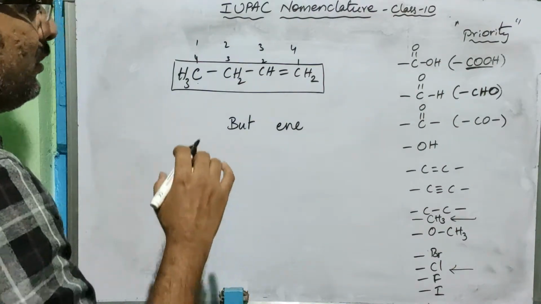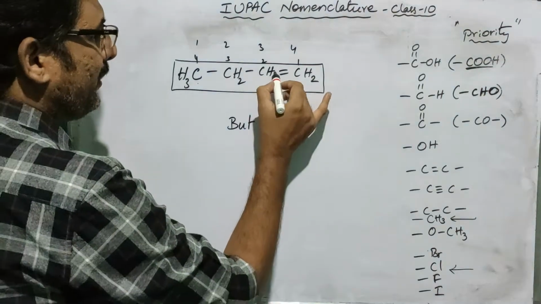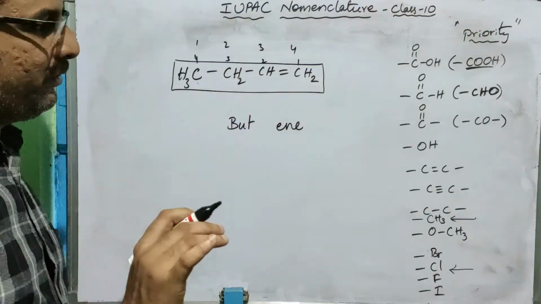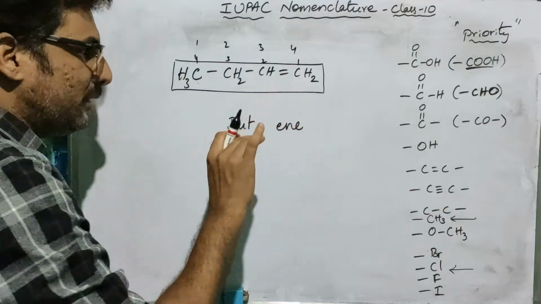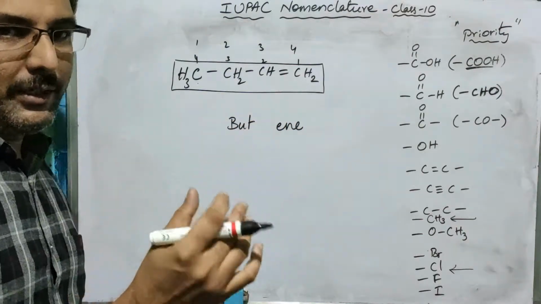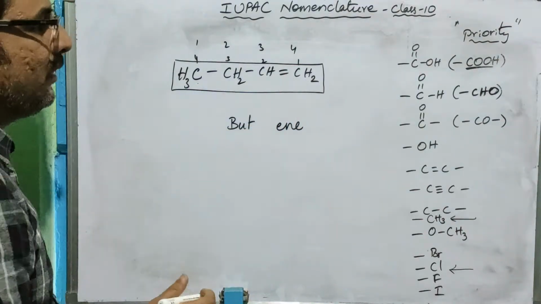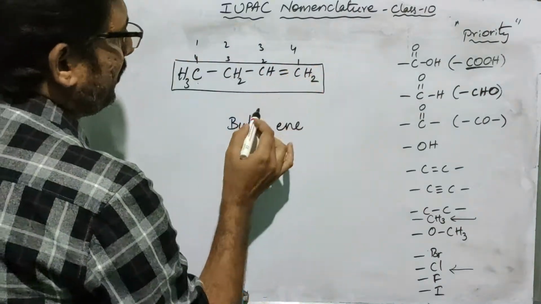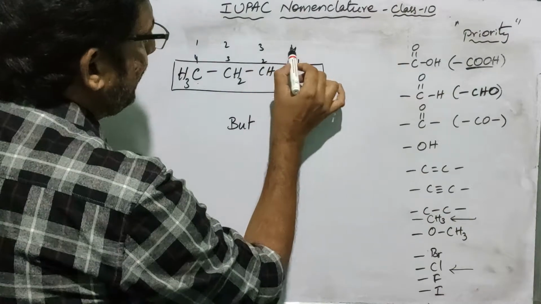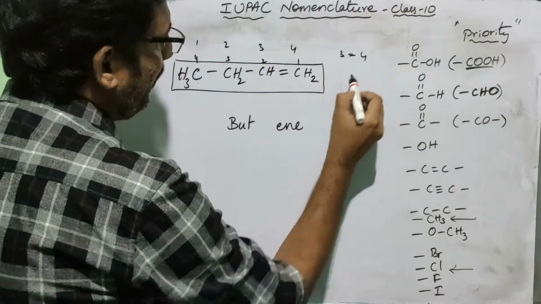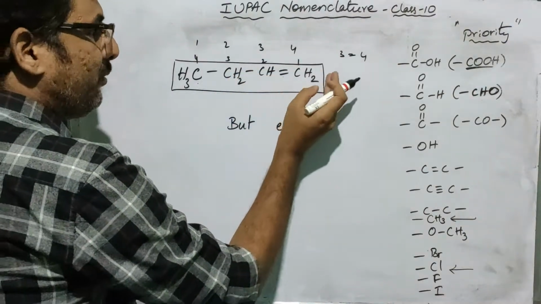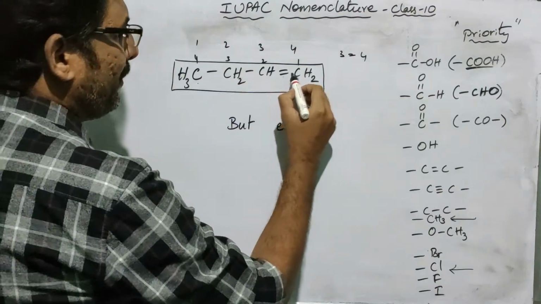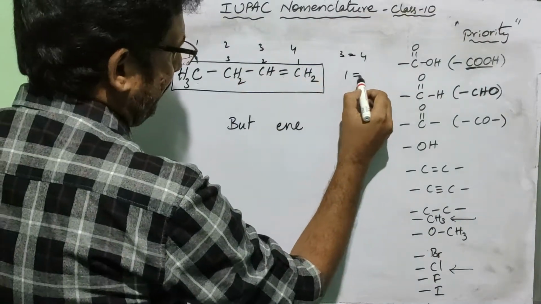Here you have to give preference to the double bond, so that it gets priority, meaning it gets the least number. If you give numbering from left to right, the double bond will be between third and fourth carbon. If you give numbering from right to left, the double bond will be between first and second carbon.